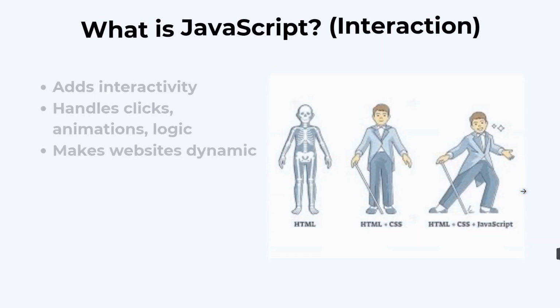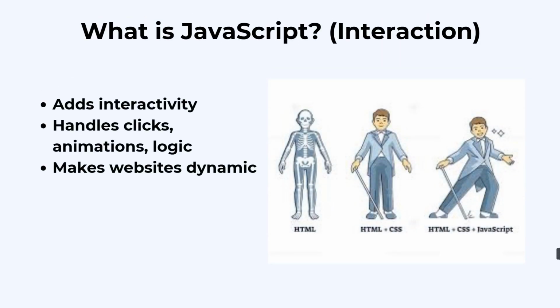Now let's move to JavaScript. What is JavaScript? JavaScript brings a website to life. It allows buttons to respond when clicked, forms to validate input, and content to change without reloading the page. If HTML is the body and CSS is the clothes, then JavaScript is the brain.